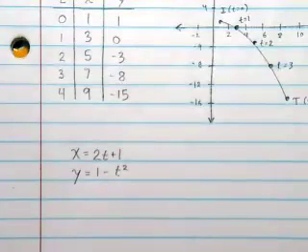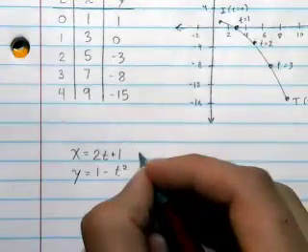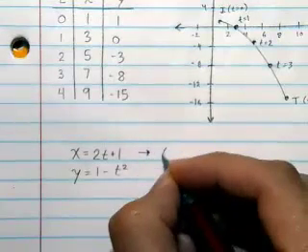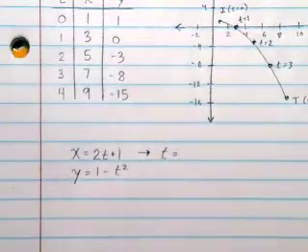You eliminate variables when you substitute in for one, because as soon as that substitution happens, that new piece comes in, and that old variable that was there is now gone, right? So we want to get rid of t. So let's do this. Take the x equation and solve it for t. It's going to be a couple steps, but I bet you can do it in your head.